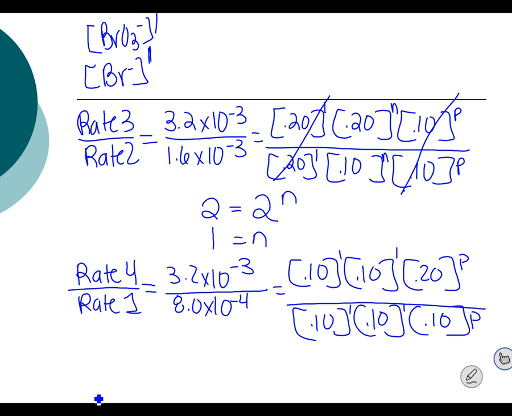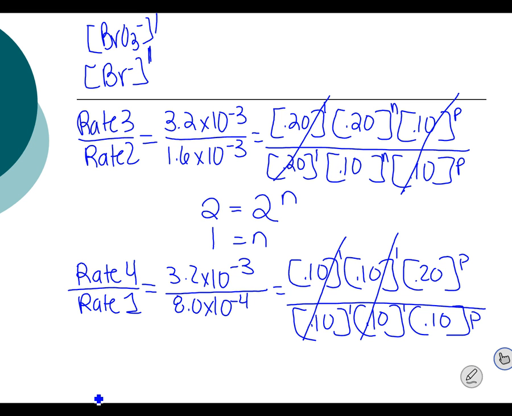Cross out the constants. And some of you are saying, well, if they're constant, do I even have to write them? If you want to take the shortcut and not even write the things that are constant, you can, because you end up crossing them out anyway. So when I look at the rates, that's 32 divided by 8, which gives me 4.